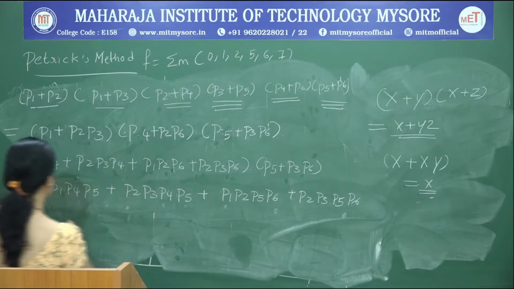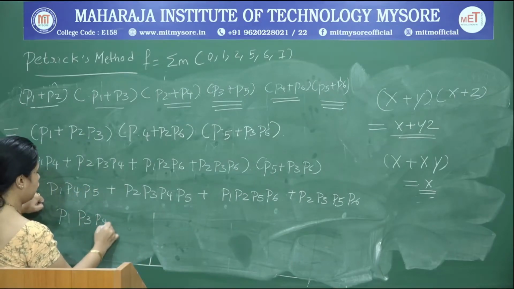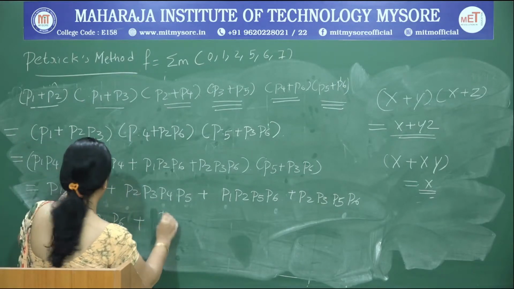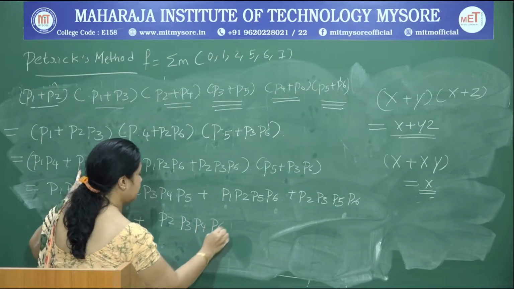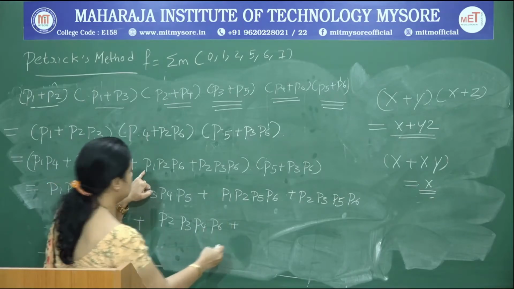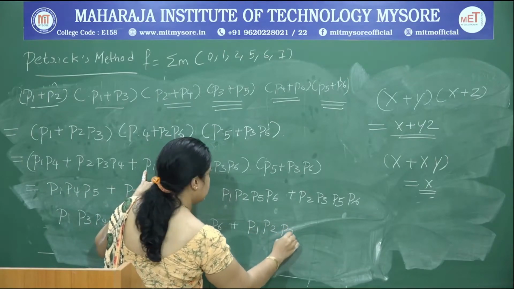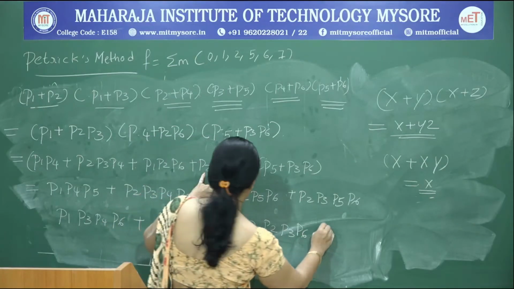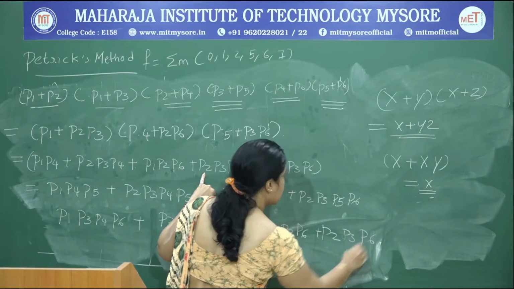Next, the second term, so it is P1 P3 P4 P6 plus P2 P3 P4 P6 plus P1 P2 P3 P6, and finally we have P2 P3 P6.